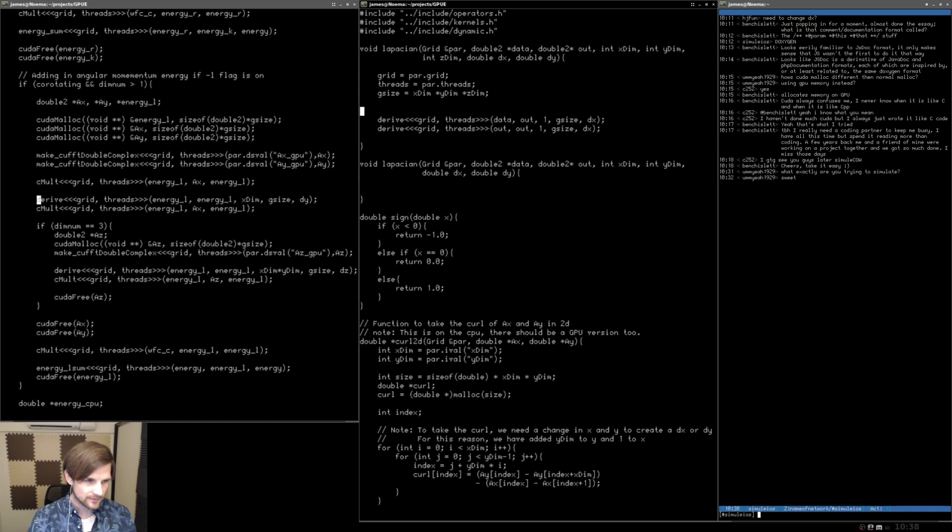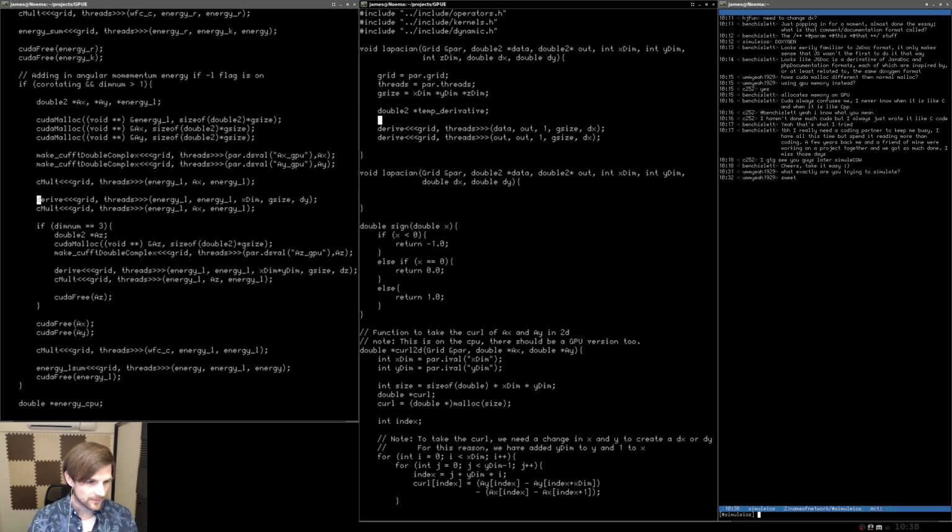So let's go up here and let's go ahead and define a temporary variable here. So we're going to say double star temp derivative. Why not? And we're just going to go ahead and malloc this. So we're going to say CUDA malloc void star star. And it should be temp derivative. Do I need an ampersand here? I always forget.